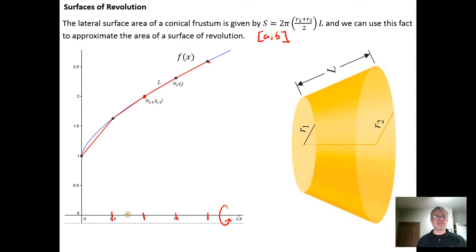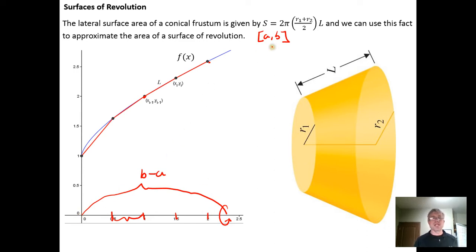And the idea is the size of a chunk is going to be given by the length of the interval you're working over. If you're working over an interval from A to B, the length is going to be b minus a. b minus a gives you the length from the start to the finish.